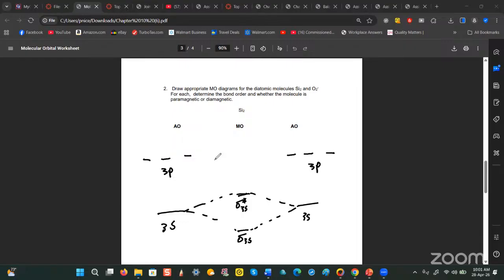I hope I have enough space here. Now, in the case of the 3p orbitals, they will combine to form, not sigma, I'm sorry, pi 3p here. And then you're going to have the sigma 3p here, right? And then these will be bonding, of course.